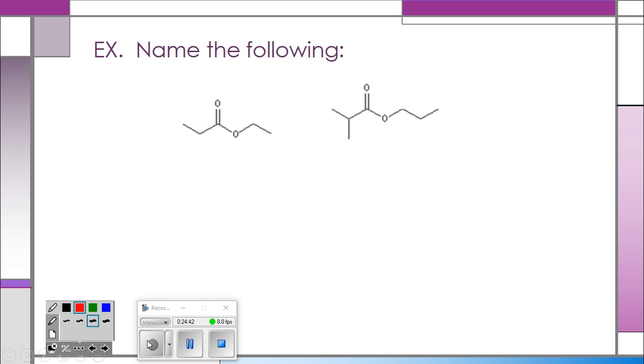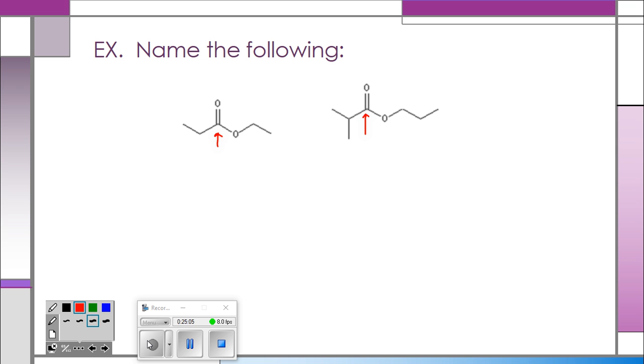So, I look at the pictures and I see, there's a double bond to an oxygen and it's not at the end of a chain. It's not a carboxylic acid, must be an ester. I look for this group first, that carbon double bonded to an oxygen, because I need it to figure out the name.